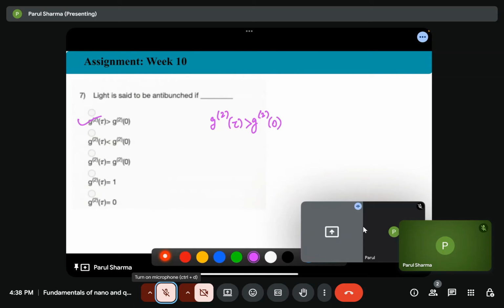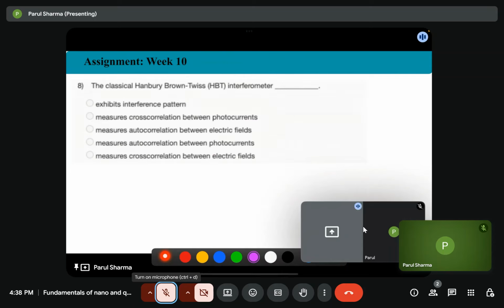Then the classical Hanbury Brown and Twiss interferometer, what does it do? We saw that it measures the cross correlation between photocurrents. So the option is P.